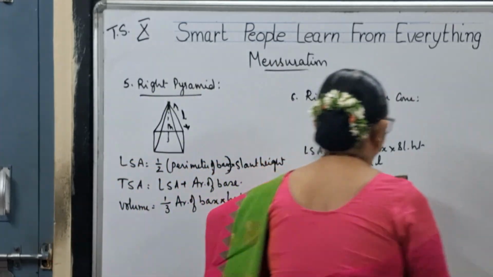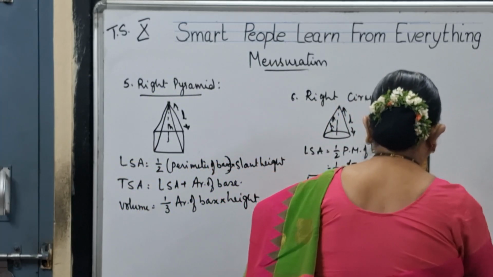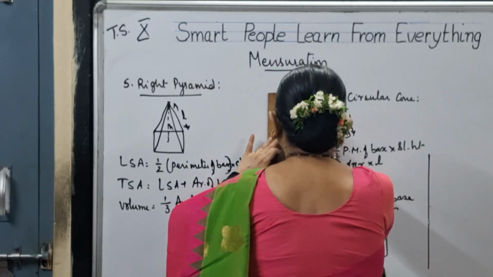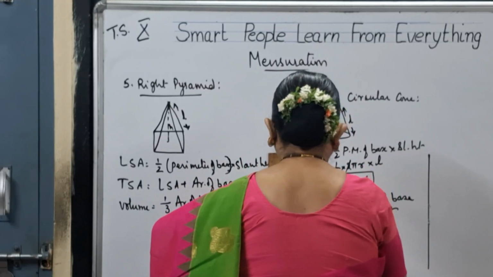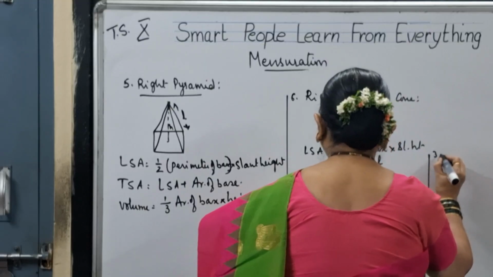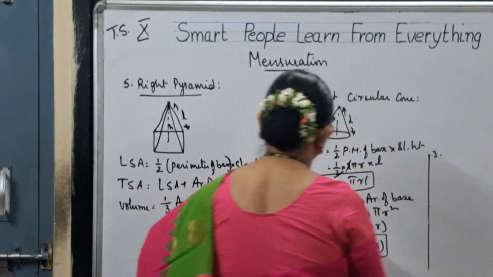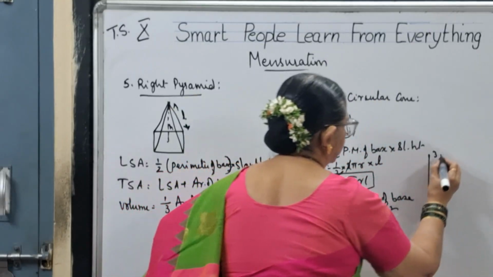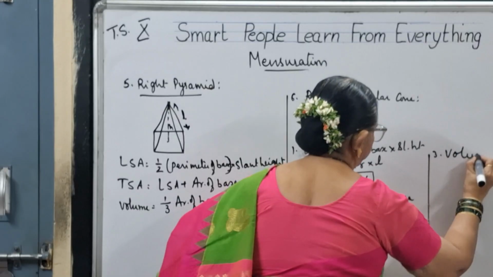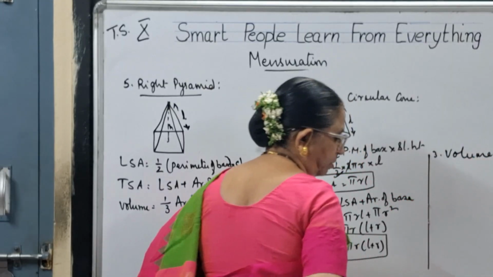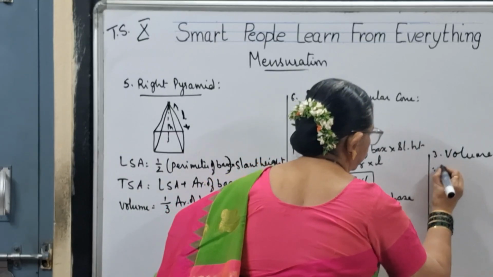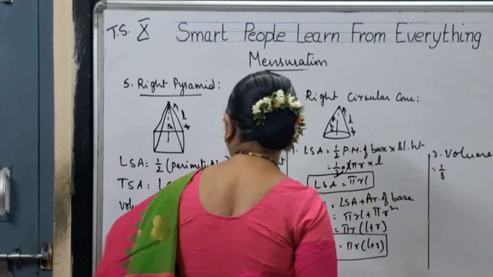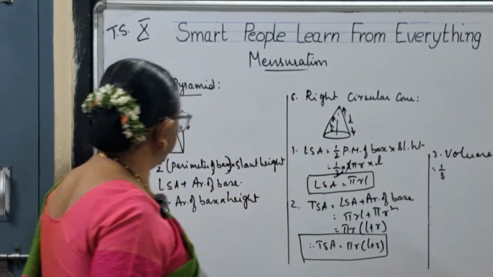Now, let me talk about volume. This is sixth one, children. This is first one, second one, third one. Volume. What is volume? We will be saying that formula is 1/3 area of a base into height.